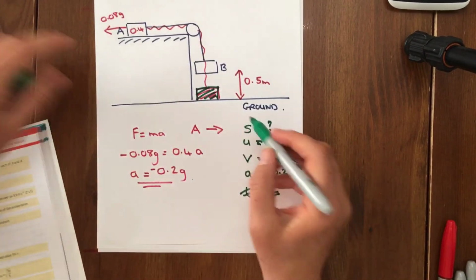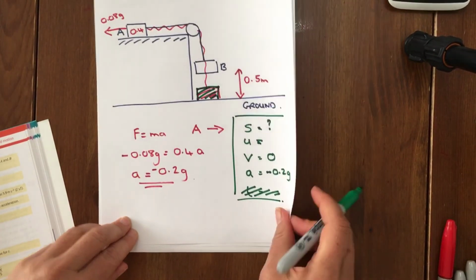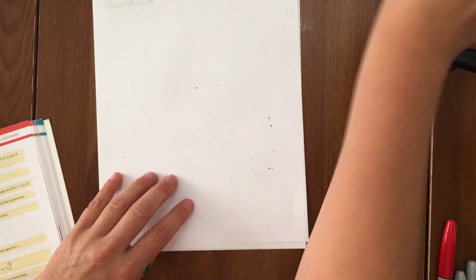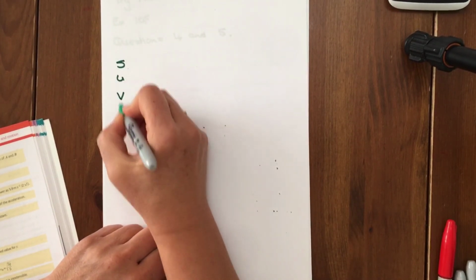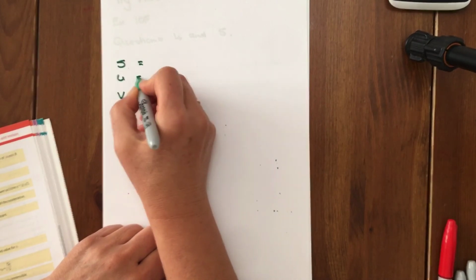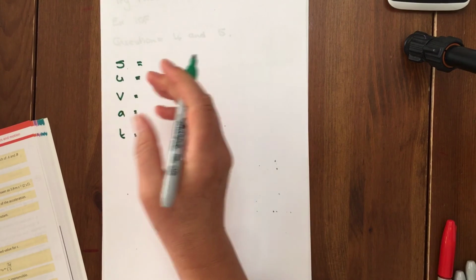So before I can look at this bit, I need to use SUVAT at the beginning, so on B.